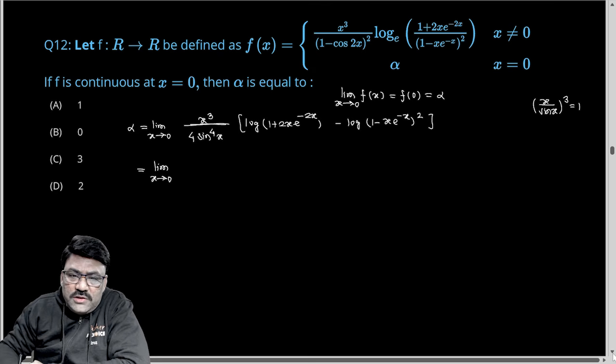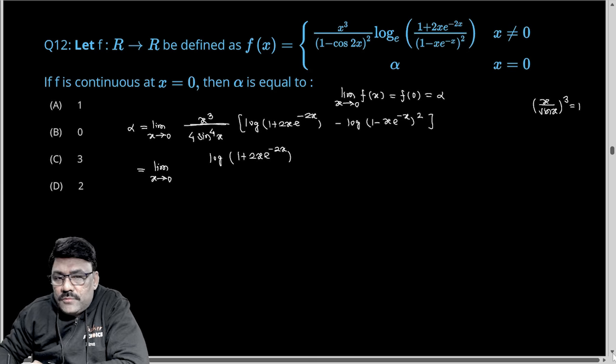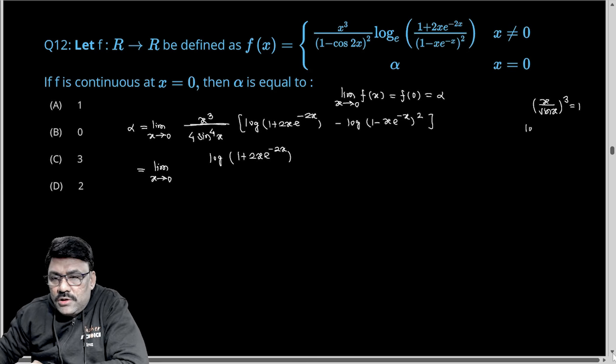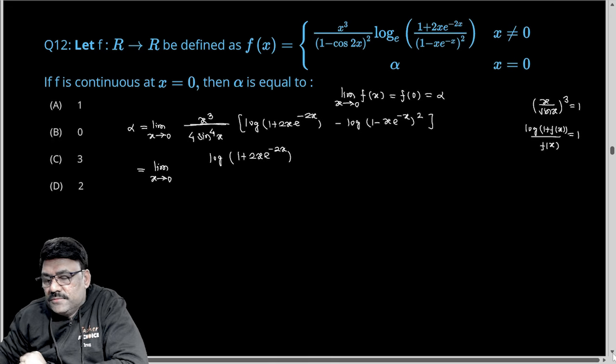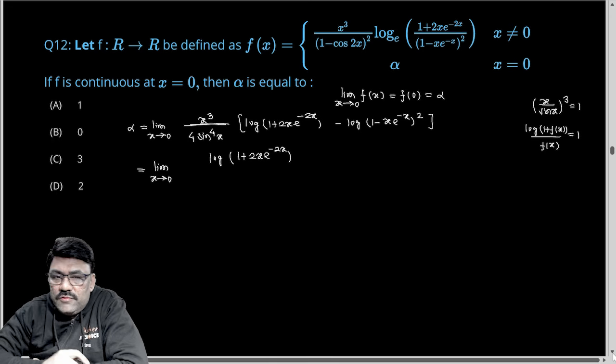So now this limit is log of (1 plus 2x e raised to minus 2x). And you know that log of (1 plus f(x)) over f(x) becomes 1 when f(x) approaches 0.